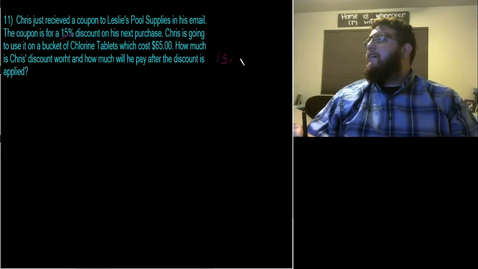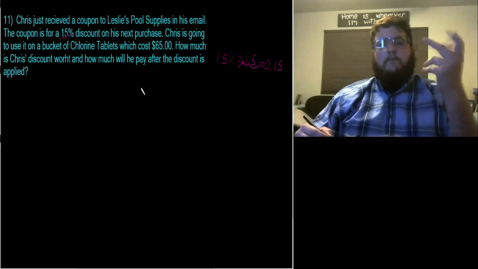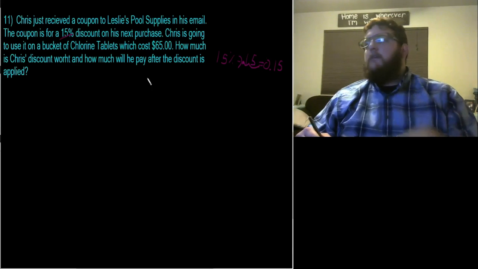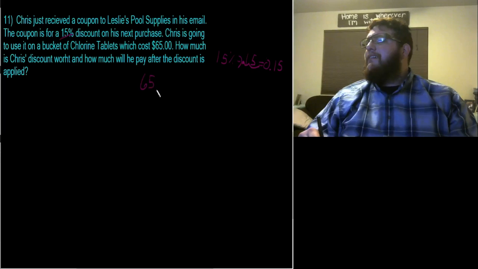So the first thing we need to do is convert 15% to a decimal. We do that by moving the decimal place 2 times to the left. 15% becomes 0.15. Now we can take that and multiply by the cost, which is $65.